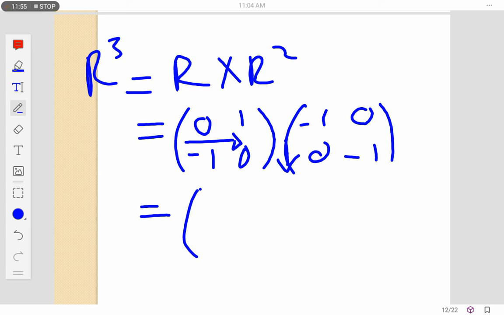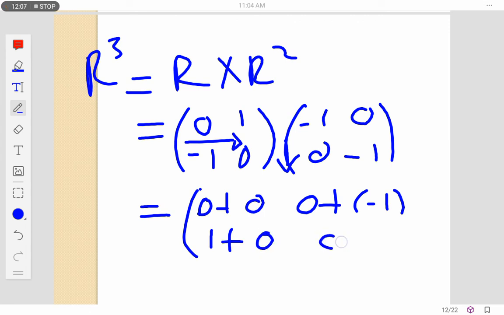We'll get 0 plus 0 here. Then on the other end, we have 0 plus minus 1. And here we have 1 plus 0. And we have 0 plus 0. Okay.